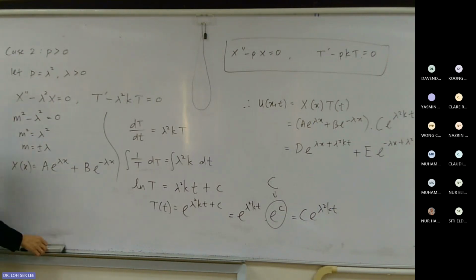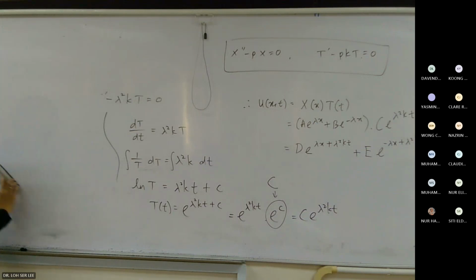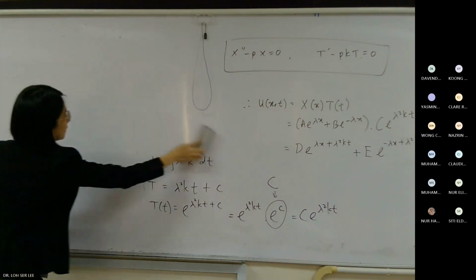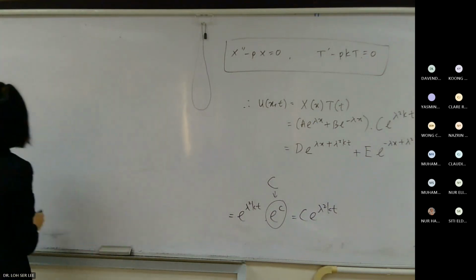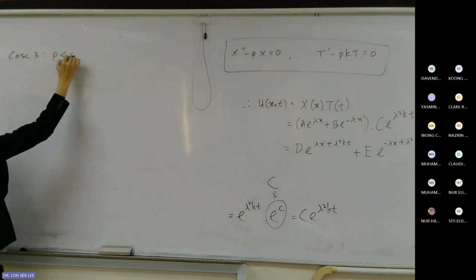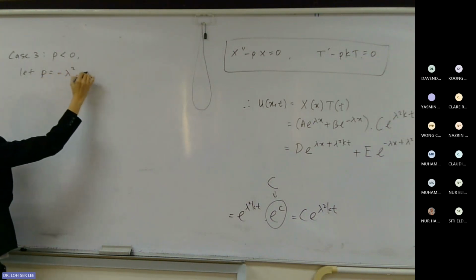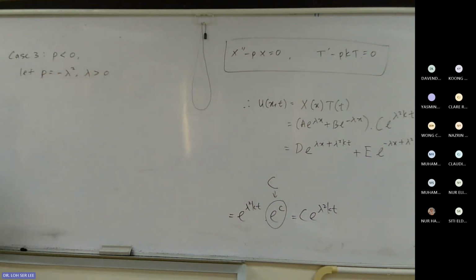Now we look at the third case, case 3. Case 3 is p less than 0. So we let p be negative lambda squared, but your lambda is still positive. It's the same lambda, but your p is negative lambda squared now.